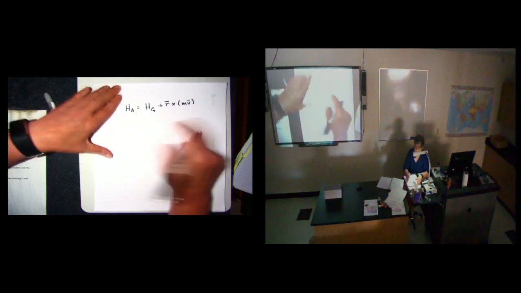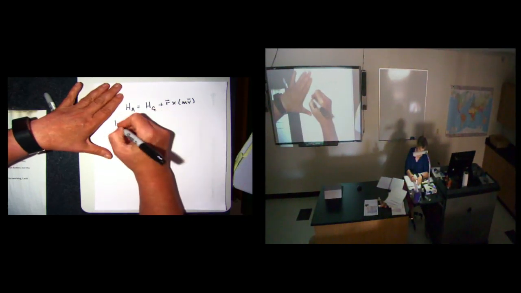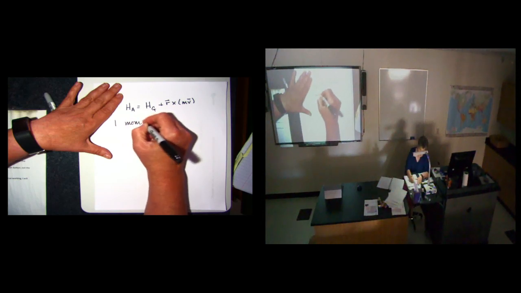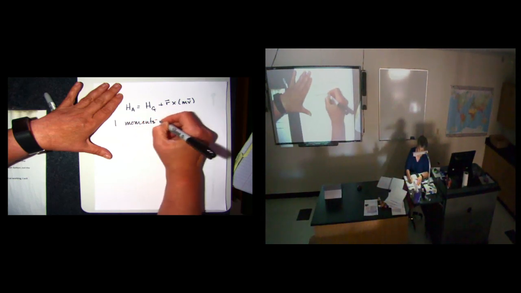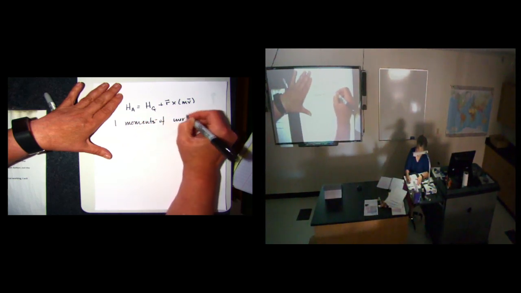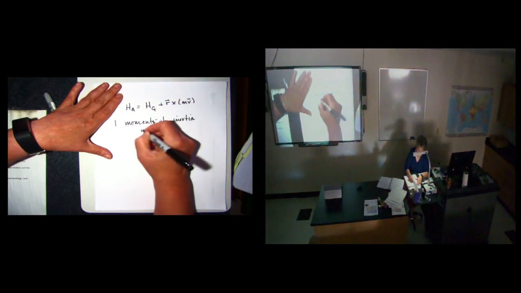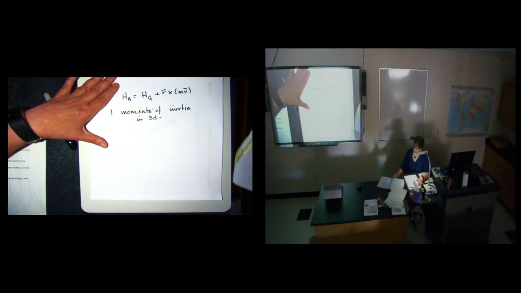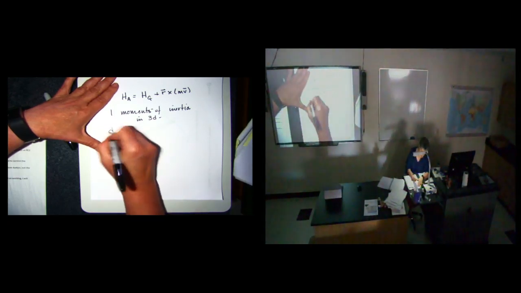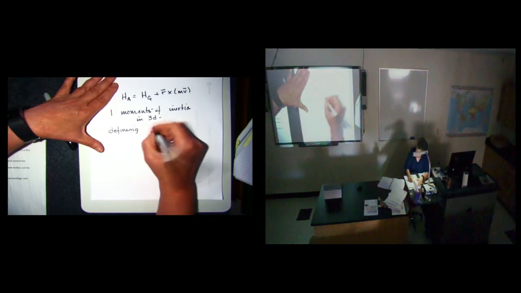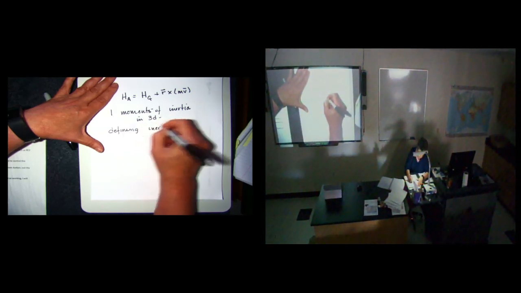But what we need to look at is what happens with my moments of inertia in 3 dimensions. And what we end up doing is defining what's called an inertia tensor.